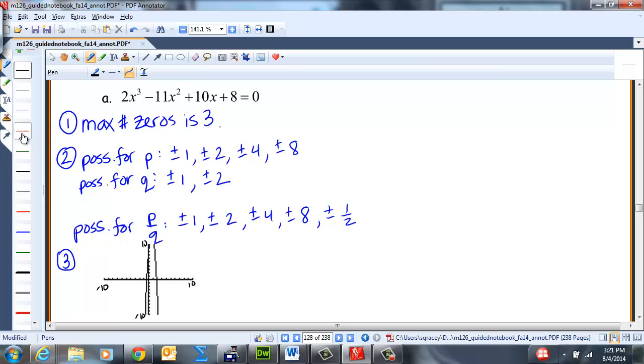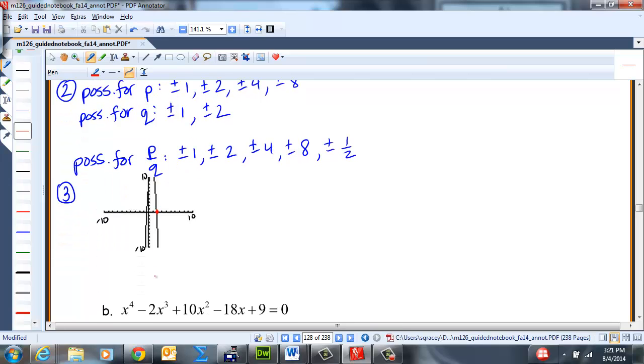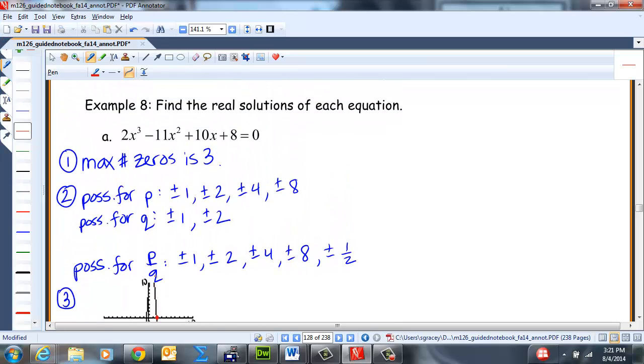And I'm looking right here that this might be a 0, right? So dividing, I'll just go up here. So we're going to divide by 2. So the coefficients are 2, negative 11, 10, and 8.